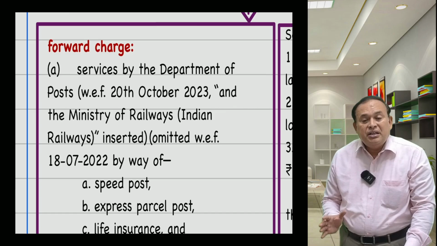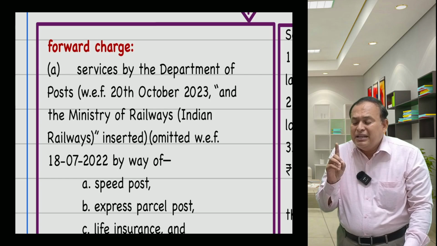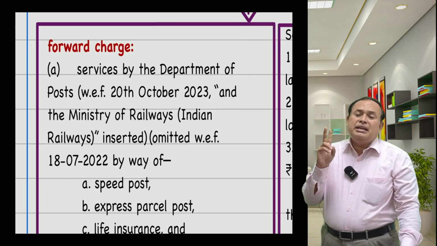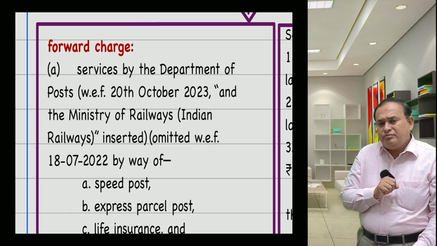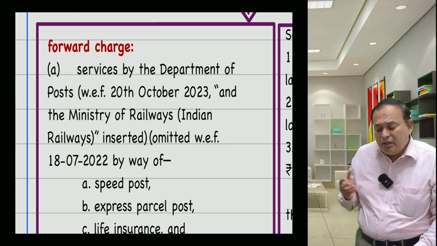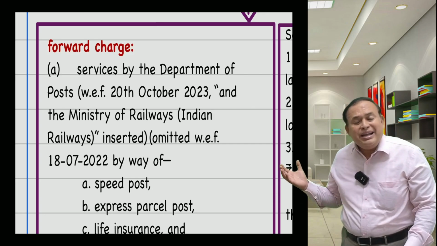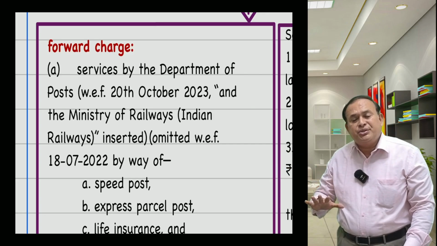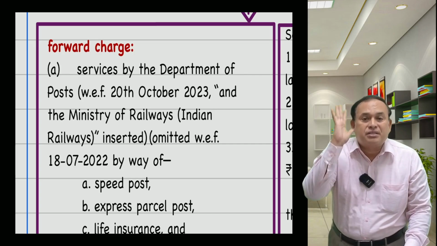If the Indian Postal Department or Indian Railways provide these services under forward charge, who is liable to pay GST? The supplier, being the Indian Postal Department or Indian Railways, is liable to pay GST, provided the supply does not qualify for exemption.